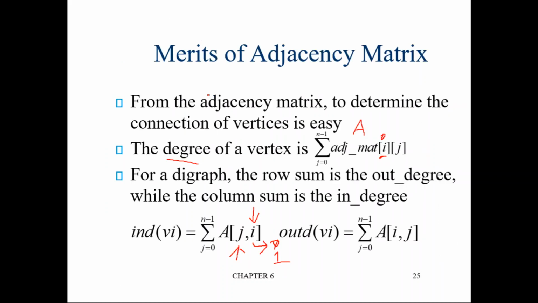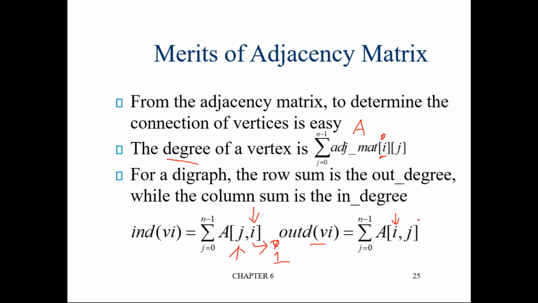If you want to calculate the out degree, then it is the same formula we use to calculate the degree from the adjacency matrix of an undirected graph, just the reverse of this: a of i comma j. Now you keep i constant, so the row is constant. For a particular row, add the different column values.